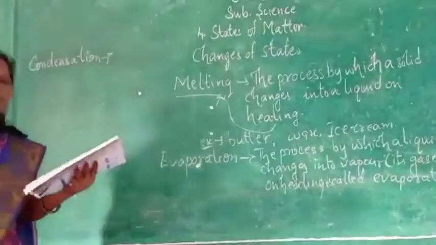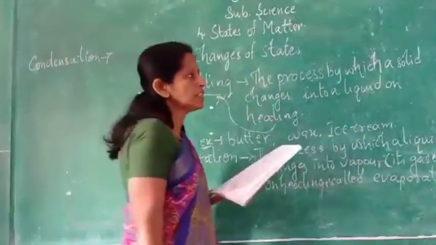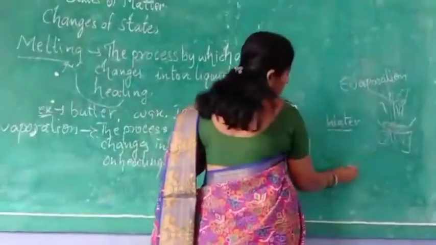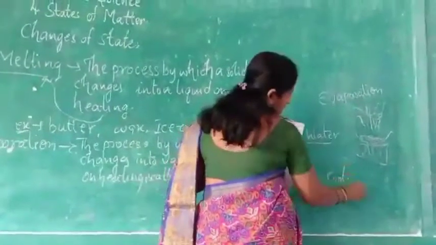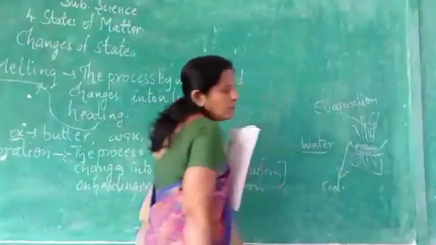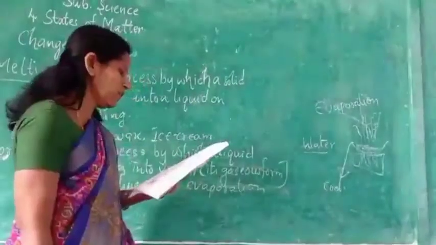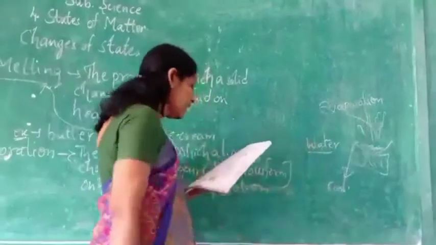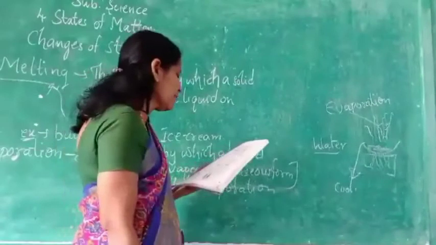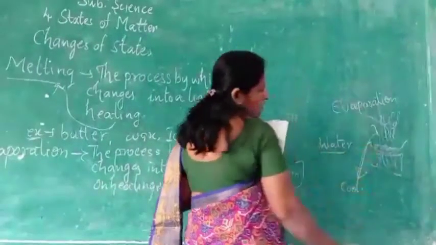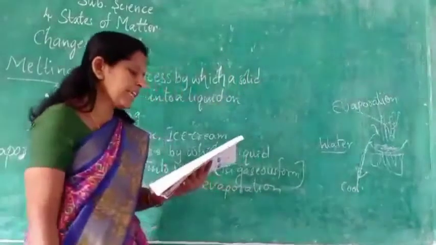When a gas is cooled, now this boiled water we are keeping for cooling. It condenses into a liquid. When the water vapor cools down, the liquid will form.